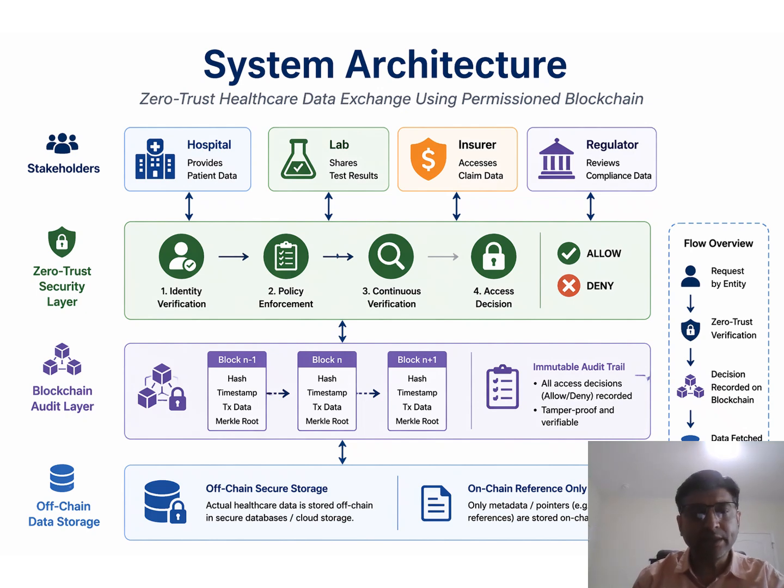The system architecture: there are three layers in the system architecture. Zero trust security, blockchain audit, and off-chain storage, and then the stakeholders are the hospitals, lab, insurer, and regulator. Security, accountability, and data storage are separated for efficiency.